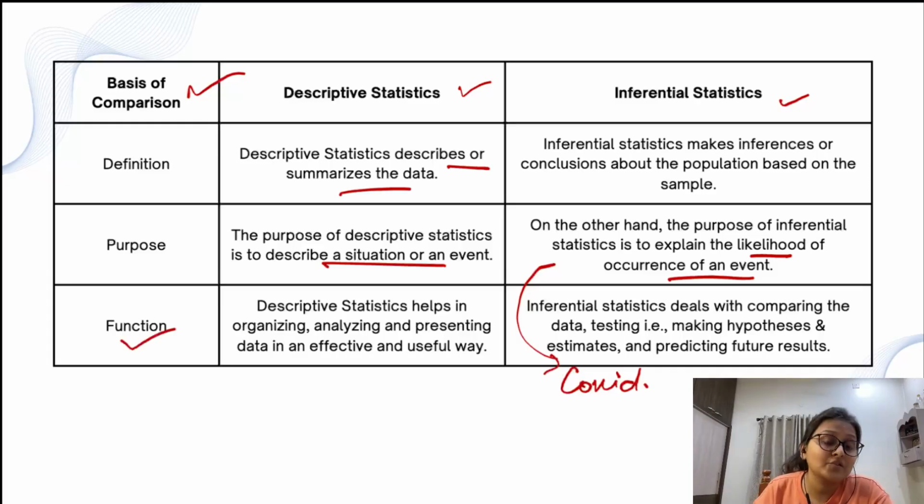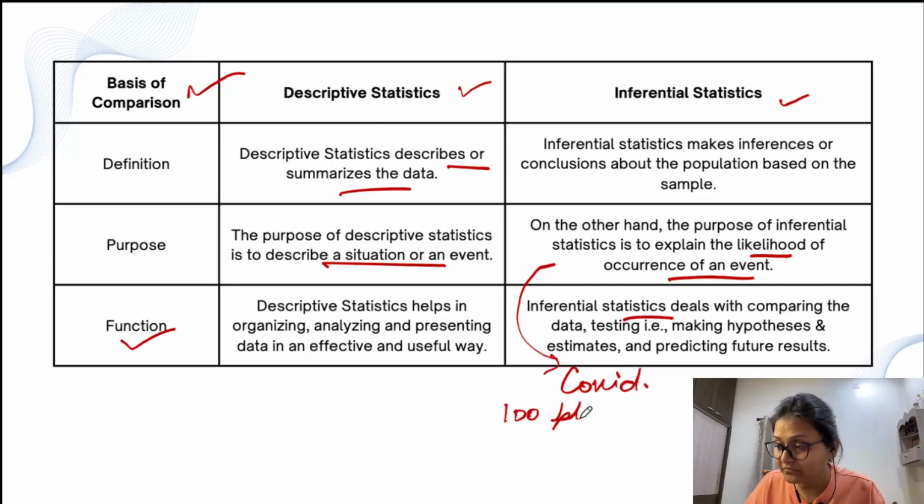Next is function. Descriptive statistics helps in organizing, analyzing and presenting the data in a very structured, useful and understandable manner, whereas inferential statistics deals with comparing the data, then testing that data. So suppose there is a population of say 100 people. Then testing upon all these 100 people won't be done.